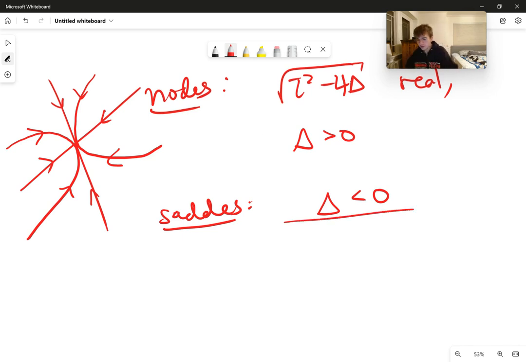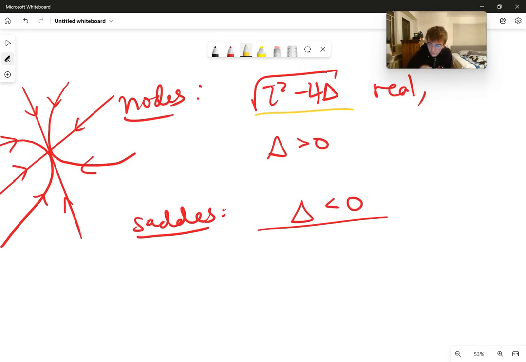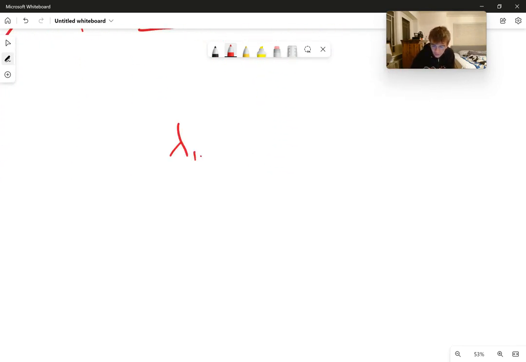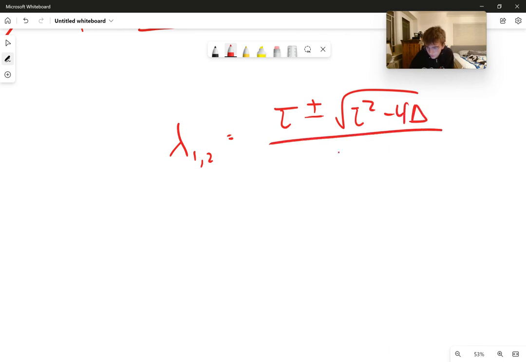So the last case to cover is when the square root here, tau squared minus 4 determinant, becomes complex. And then we actually have complex eigenvalues. So lambda 1, 2 is equal to tau plus or minus the square root of tau squared minus 4 determinant all over 2.